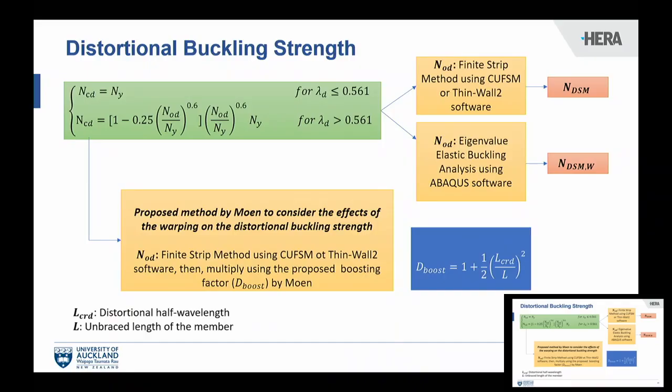He developed his method based on shortening of the half wavelengths and multiplied the critical buckling load using the boosting factor that was shown here. Because this is also one of the well-known methods, the results of this investigation were compared with those obtained with Moen's method.